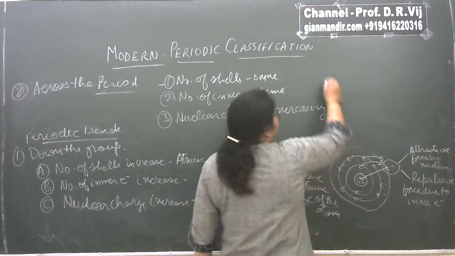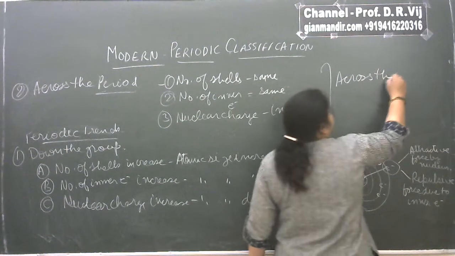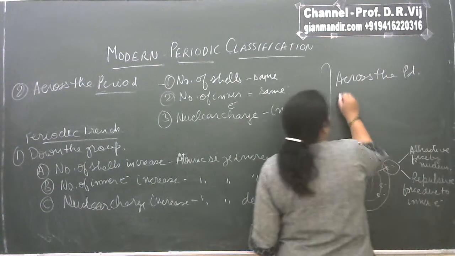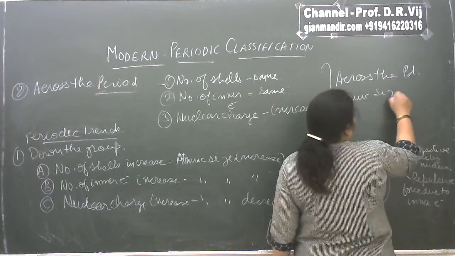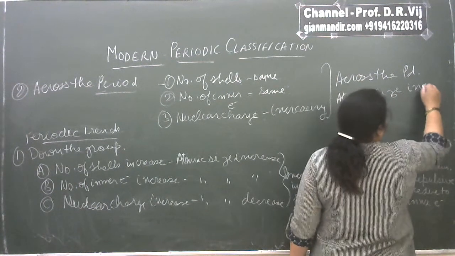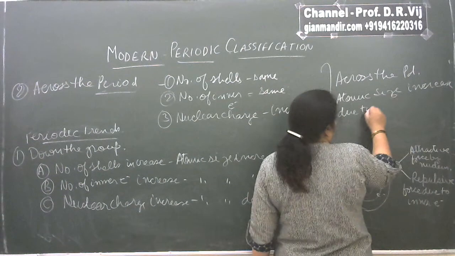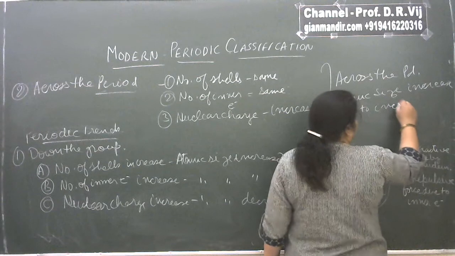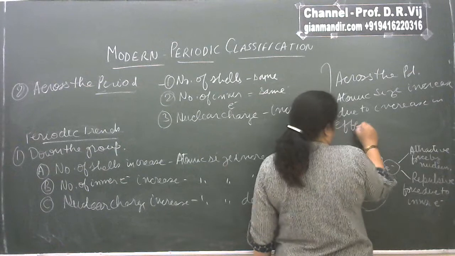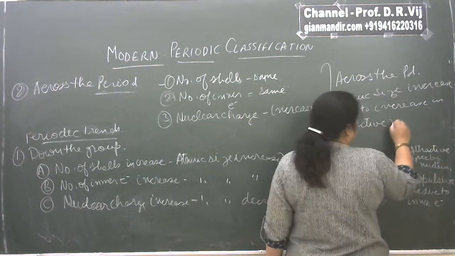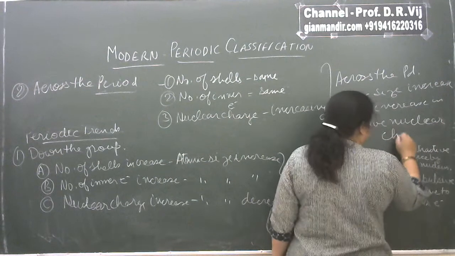So here we can say across the period atomic size decreases due to increase in effective nuclear charge.